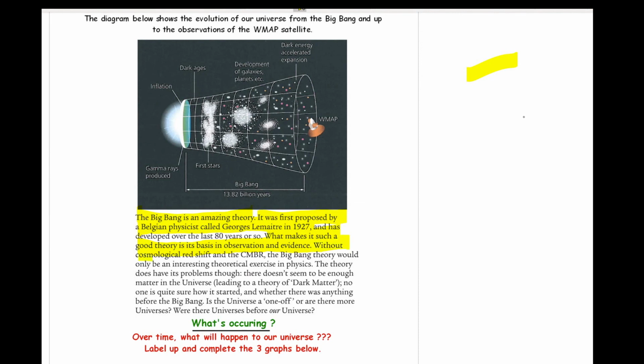Without cosmological redshift and cosmic microwave background radiation, the Big Bang theory would only be that, a theory. The theory does have its problems. There doesn't seem to be enough matter in the universe to back this theory up.